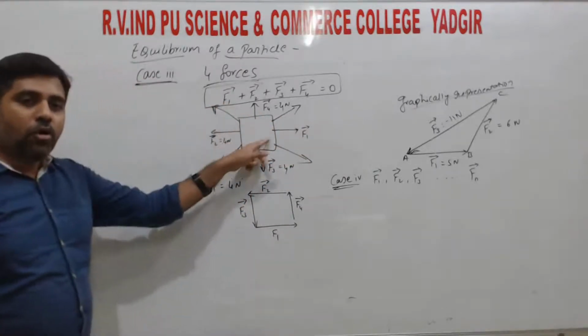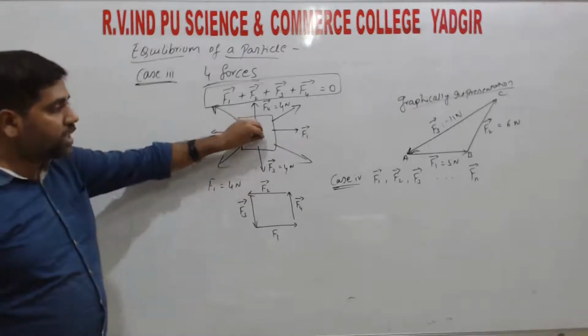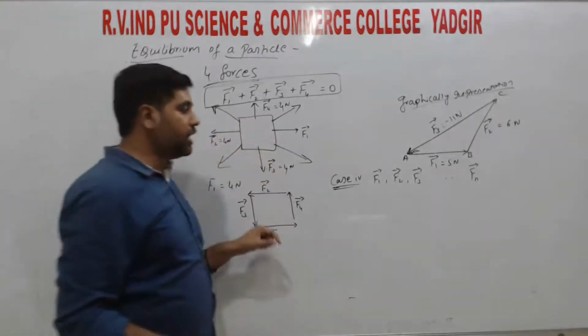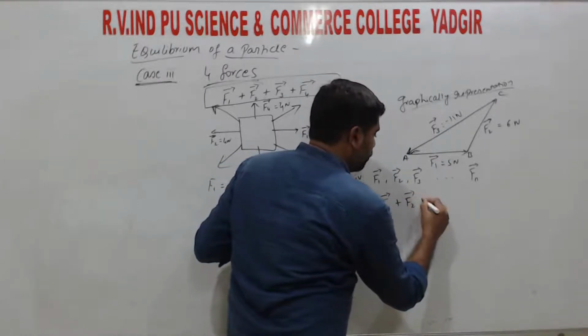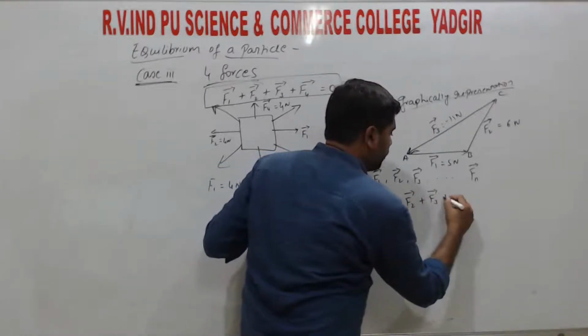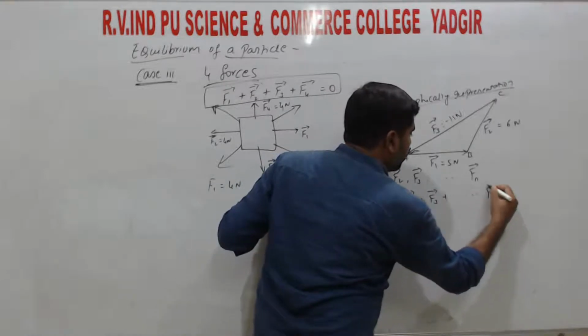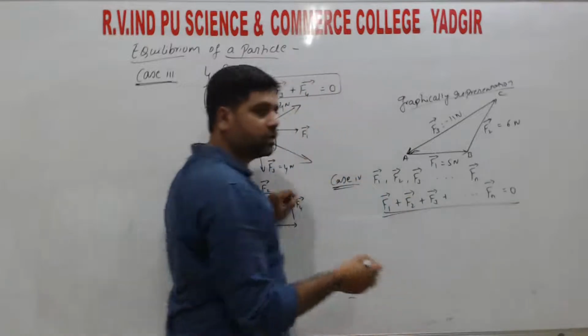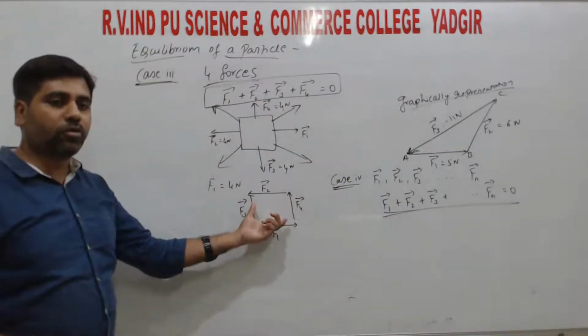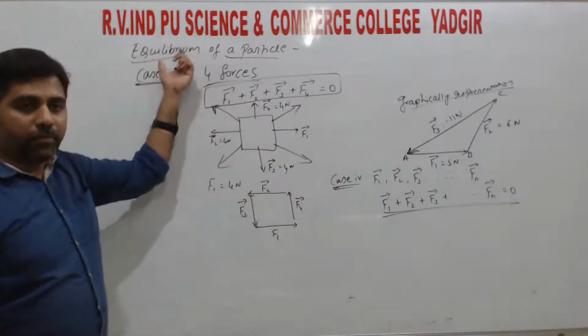That means we have more than 4 forces acting on this object. Again the relation is the same, right? So F1 plus F2 plus F3 and so on up to Fn is equal to 0, if n number of forces are acting on an object to keep that object in equilibrium, right?